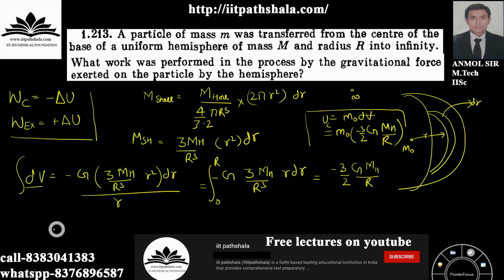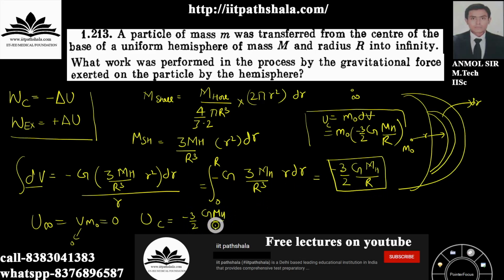You know that at infinity potential is 0. Your V is 0 at infinity. So potential energy at infinity will be equal to 0 itself, and potential energy at this particular center is equal to something like this. Okay, this is minus 3 by 2 G M_h upon R.